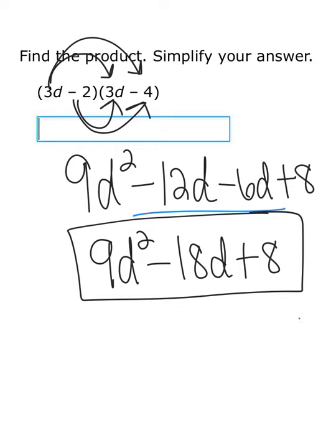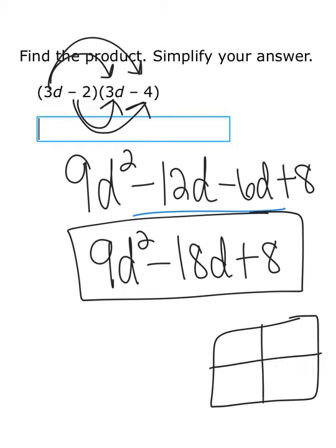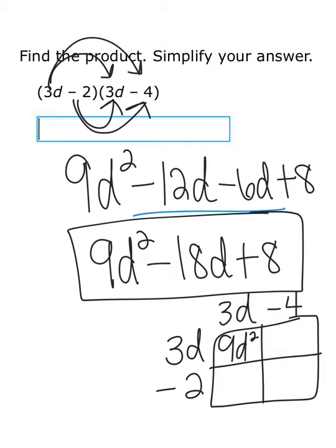Alright, one last time I will show the box method. 3d minus 2 times 3d minus 4. So 3d times 3d is 9d squared. 3d times negative 4 is negative 12d.